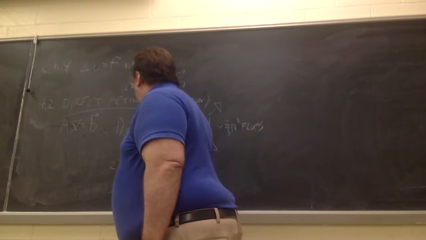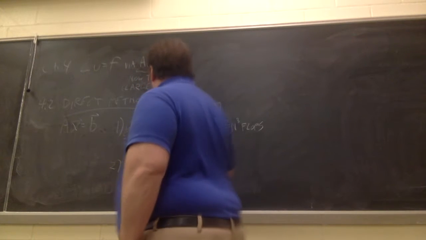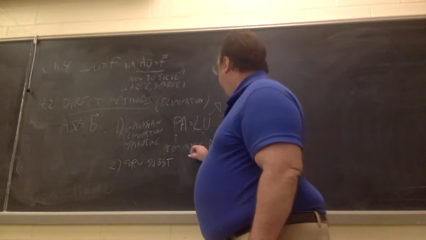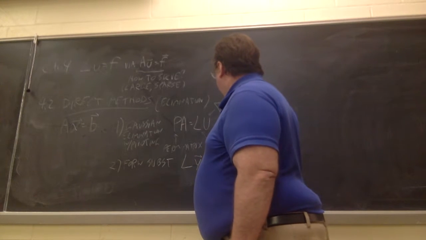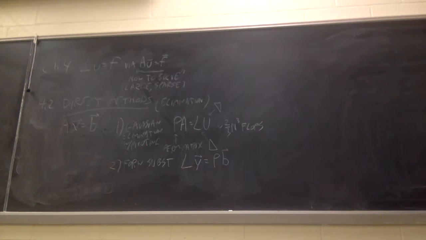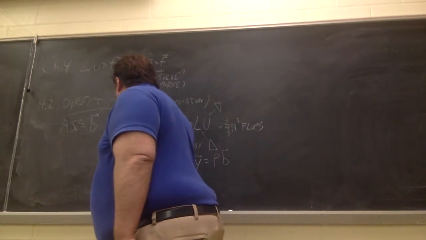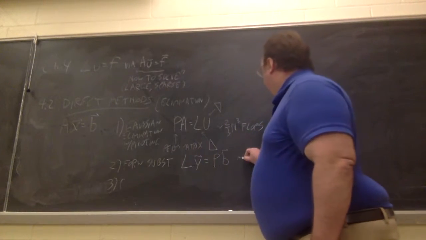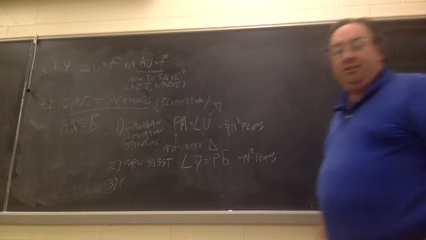And then we do forward substitution. So that's where you solve the lower triangular system Ly is equal to PB. And that takes roughly n squared operations, so much cheaper.